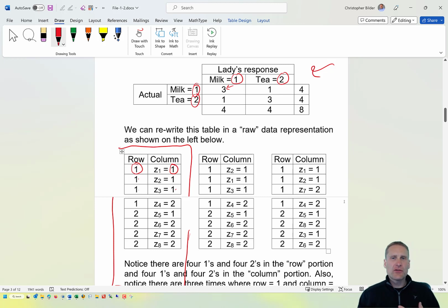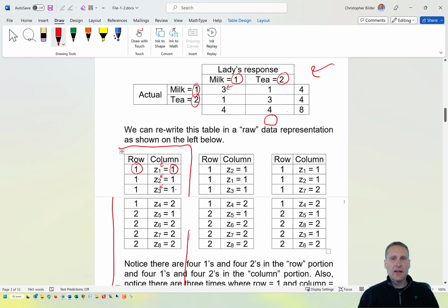But I want to make sure that I differentiate between the first cup, the second cup, and the third cup that fell into that particular cell. That's why I decided to put this label of Z1, Z2, Z3 there. Then we also have 1 cup here for row 1, column 2, and so on.